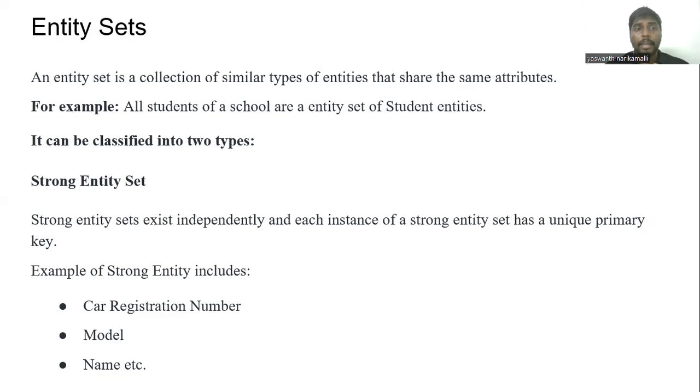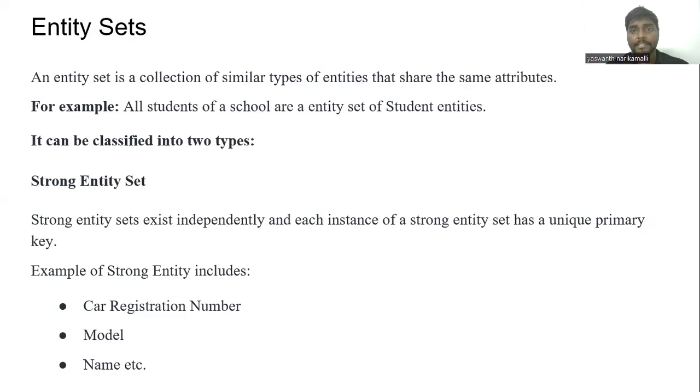Like this, an entity set is nothing but a collection of similar types of entities with the same attributes. For example, all the students of the school are the entities of the student entity set.